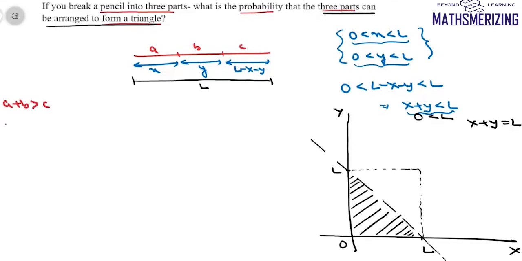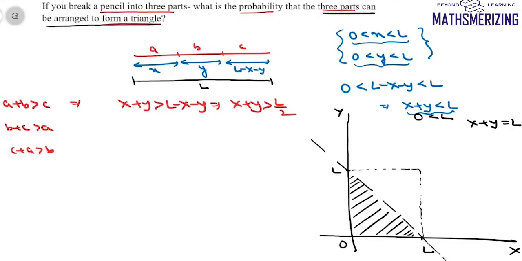So that means A plus B should be greater than C, B plus C should be greater than A, and C plus A should be greater than B. Now I will take A plus B. So what is A plus B? A plus B is x plus y, which should be greater than L minus x minus y. So from here I'll get x plus y should be greater than L by 2.